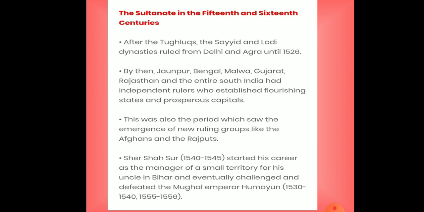By then, Jaunpur, Bengal, Malwa, Gujarat, Rajasthan, and the entire South India had independent rulers who had established flourishing and prosperous capitals. This was also the period which saw the emergence of new ruling groups like Afghans and Rajputs.